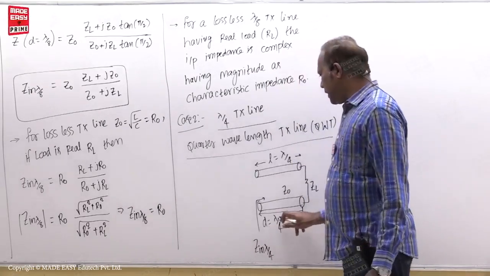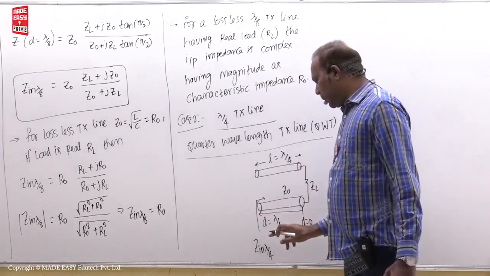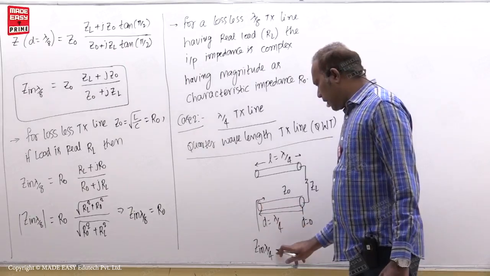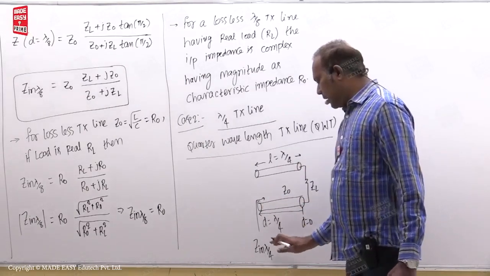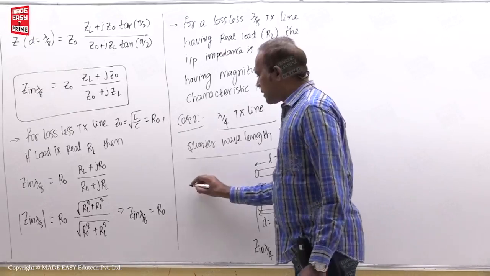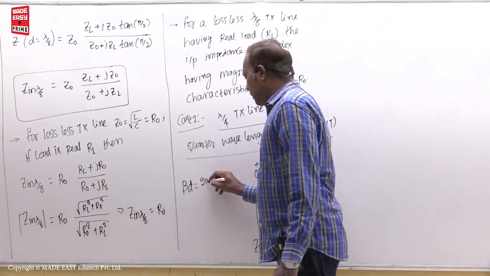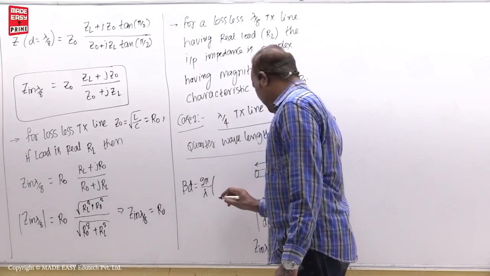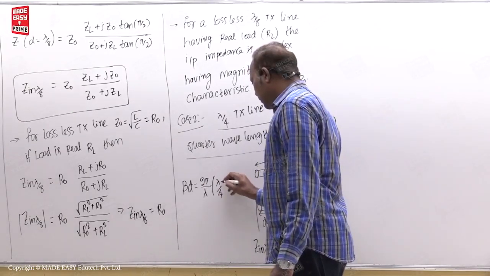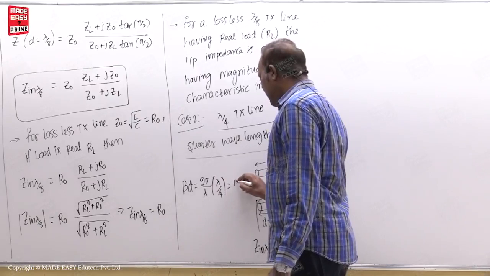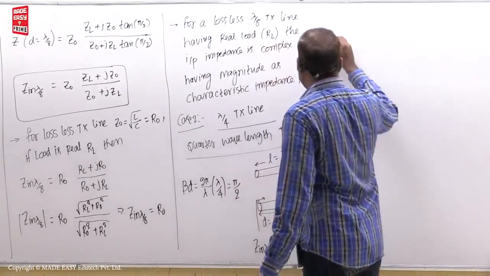If you substitute d equal to the total length, then you come to the input, the input impedance of the lambda by 4 transmission line. Now let us substitute βd. So β is 2π by lambda multiplied with d. D is lambda by 4, and lambda cancels. So π by 2.